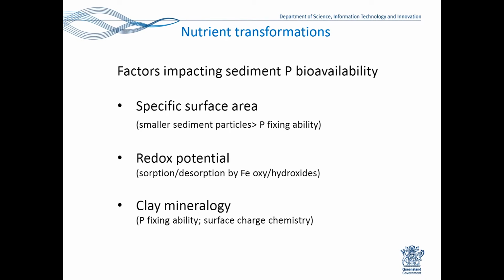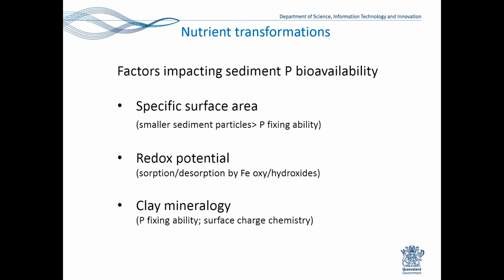In soils, the major absorption sites for phosphorus are aluminium oxides, hydroxides, and iron oxides and hydroxides. If phosphorus associates with the aluminium and the redox conditions change, then there's no net effect much on the absorption desorption properties.